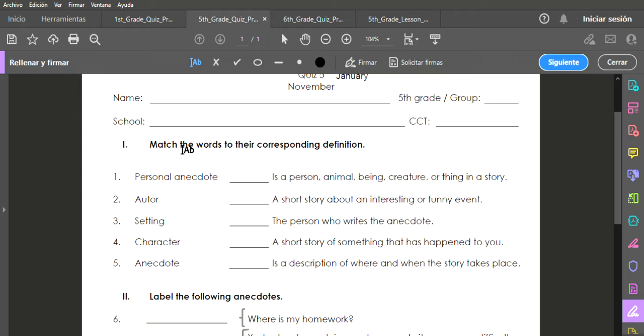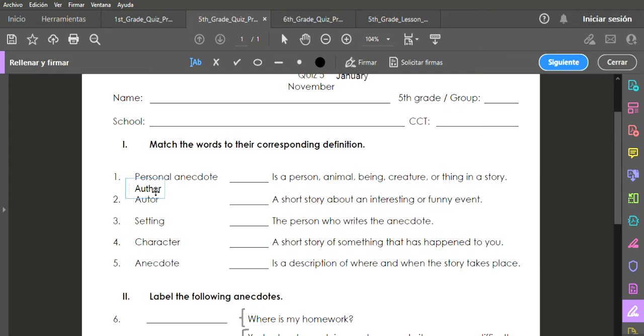Okay, so exercise number 1. It says, personal anecdote. Number 2, author. Here we have another mistake, author. Instead of autor, this is in Spanish, we have author.